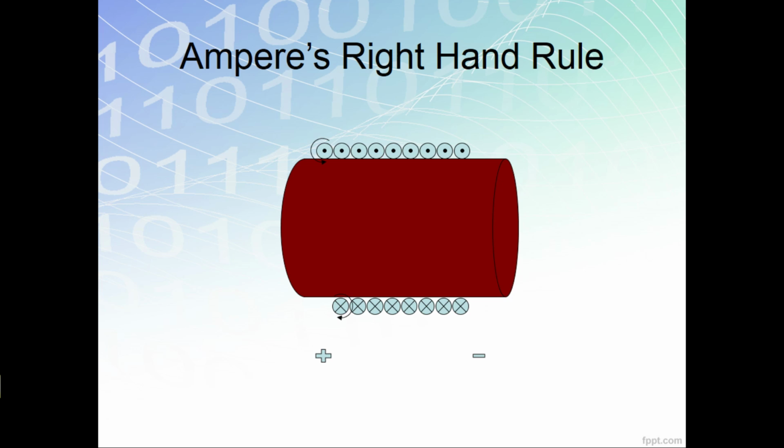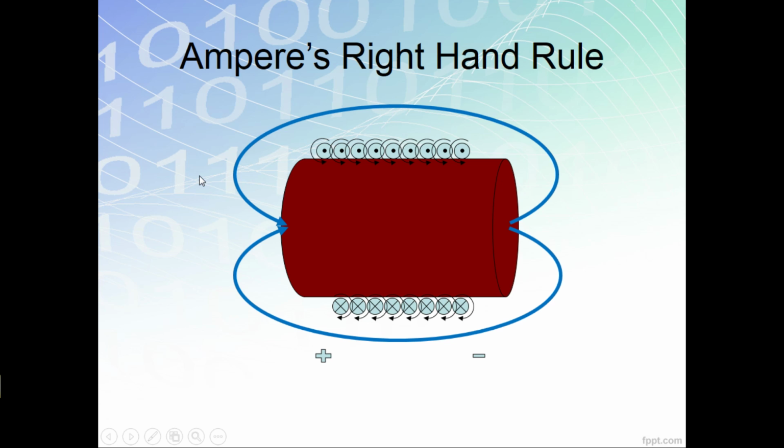If we apply Ampere's right-hand rule to all the dots and the X's, we will have a bigger magnetic field, such as this. Take note that the magnetic field leaves the right side and enters the left side, which means this would be a north magnet and this will be a south magnet.